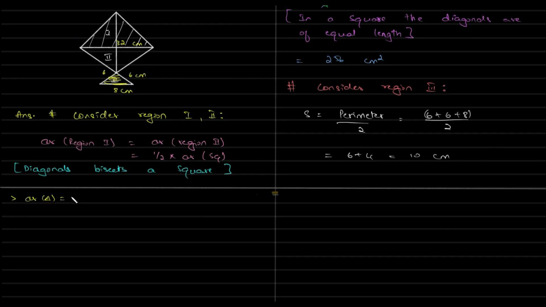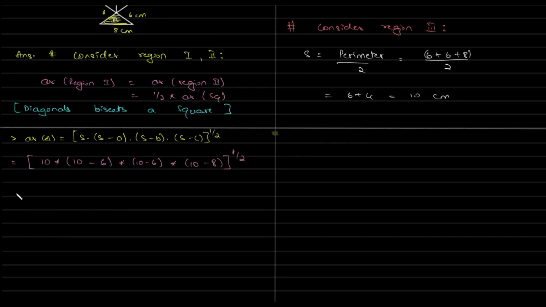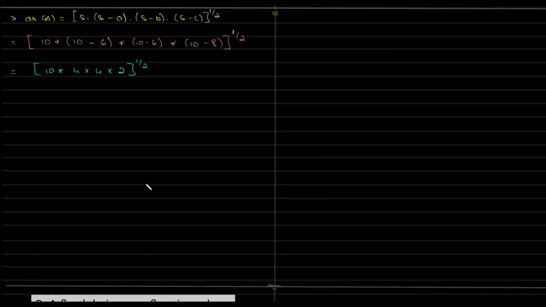Area of the triangle is s times s minus a into s minus b into s minus c, to the power of half. So this is equal to 10 into 10 minus 6 into 10 minus 6 into 10 minus 8, to the power of half. So this is equal to 10 into 4 into 4 into 2 to the power of half. So this is equal to 4 square.